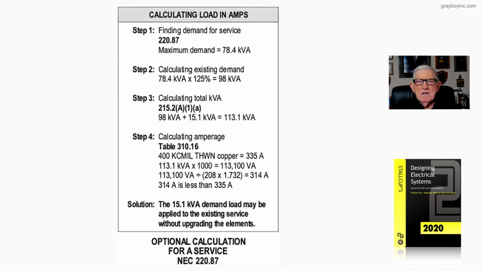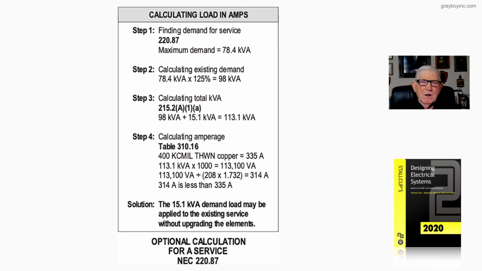So you can see that this optional calculation for the service in accordance with 220.87 is much easier to do than to go through and perform that long drawn out standard calculation, where you would more than likely have to increase the service equipment in some cases, the service main, the service entrance conductors, the raceway system. So this is a way to do it.